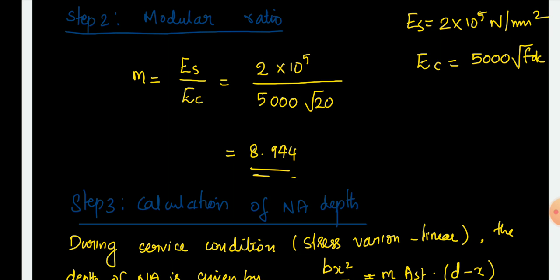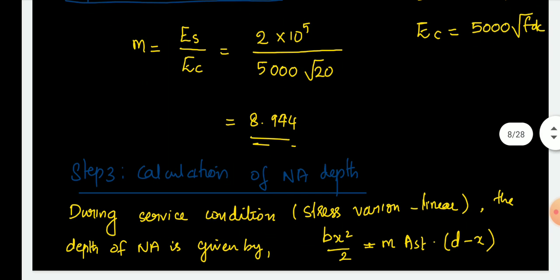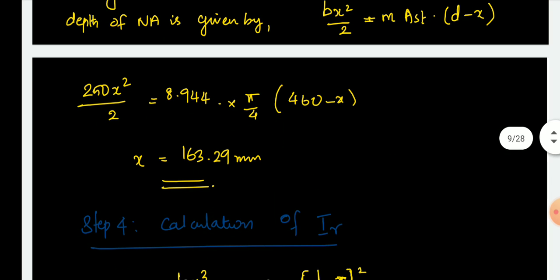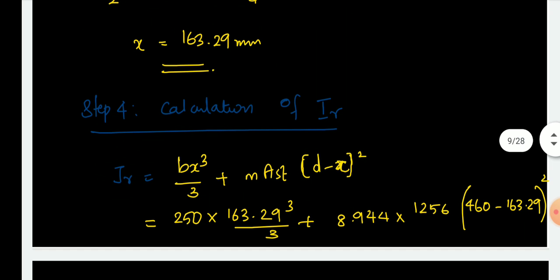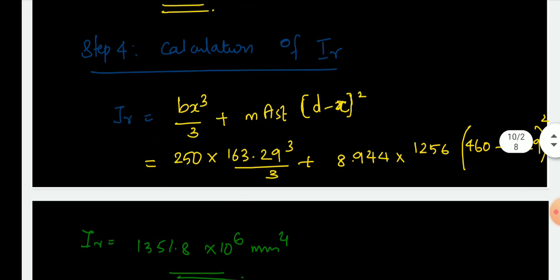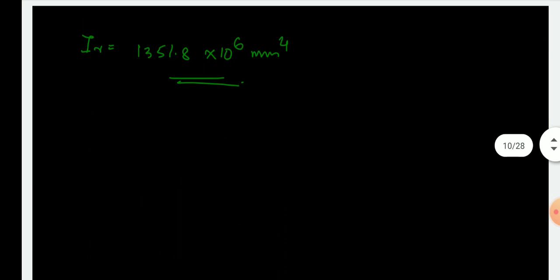Next step is the calculation of neutral axis depth given by X, and it is given by this equation. You can find out the value of X as 163.29 mm. Then you can find out Icr using this equation, that is moment of inertia of cracked section, and you will get the value as 131.8 into 10 to the power 6 mm to the power 4.